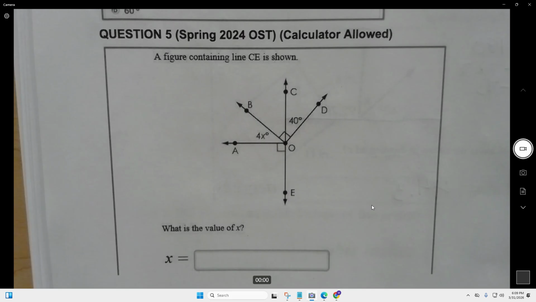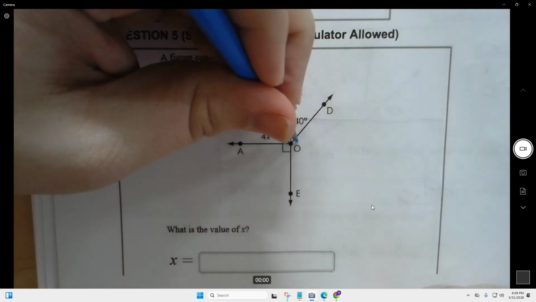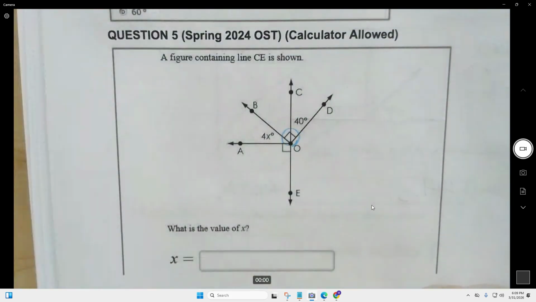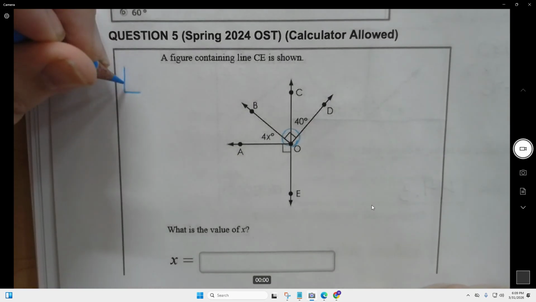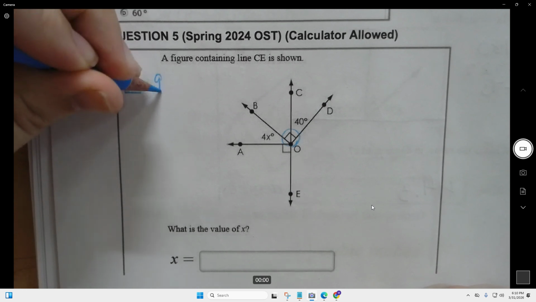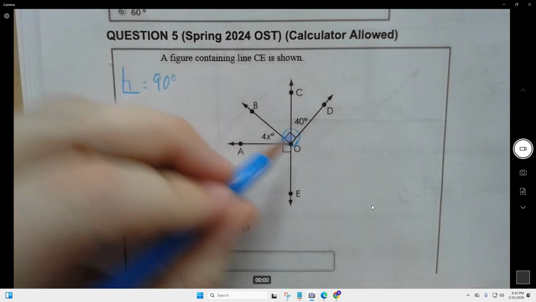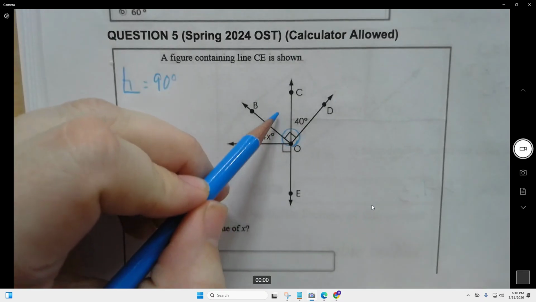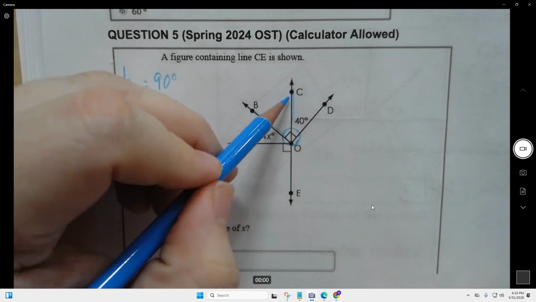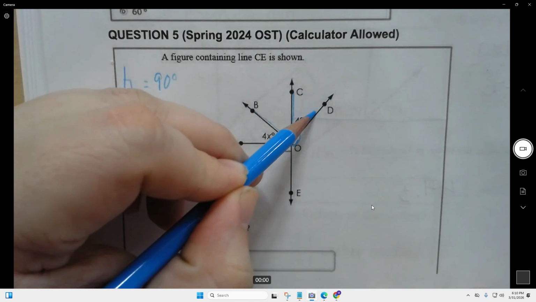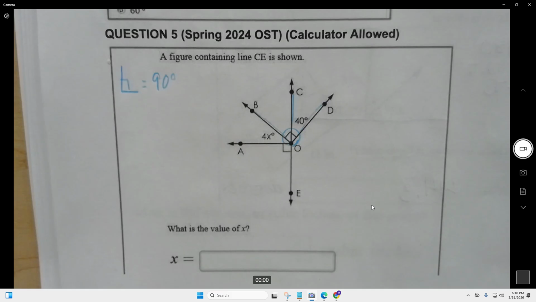All right. So let's think about what we know. This box means that is a right angle. A right angle is 90 degrees. Okay? So we know, therefore, that angle BOC and angle COD are complementary, meaning that they add up to 90 degrees.